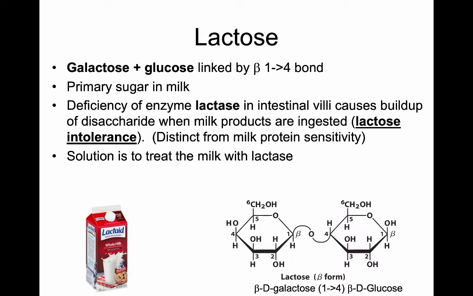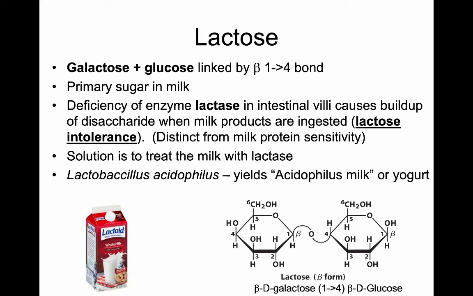For those people that have lactose intolerance, one option is to treat the milk with lactase, and so that's going to supplement that deficiency of the enzyme by breaking the lactose into the galactose and glucose monomers.